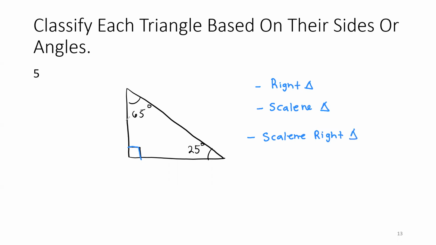That means they have different sides. None of the sides will be congruent, right? So that's how you know it could be a scalene. Okay, let's move on.